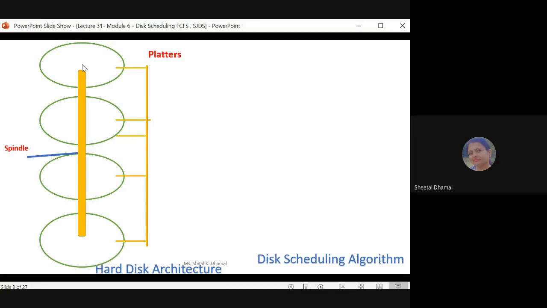The same thing is there: the platter has an upper surface and a lower surface, and the read write head is used to read the data from the upper surface as well as from the lower surface. Data is saved on both surfaces.